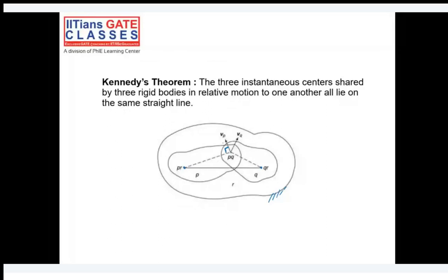Similarly, I got VQ by drawing a perpendicular to the line joining PQ and QR. So ultimately what we are getting here is two different directions for a single point PQ.